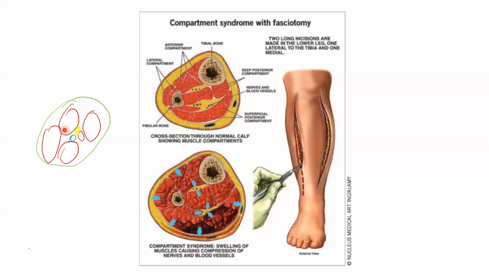And if you passively stretch these muscles, it will increase the pain. So at that stage, you have to diagnose and cut this compartment open and relieve the pressure. And if not, if 4 hours pass, the arteries will get closed off and cause permanent damage. Right? I hope you are clear about that.